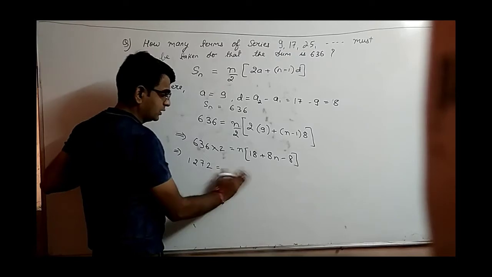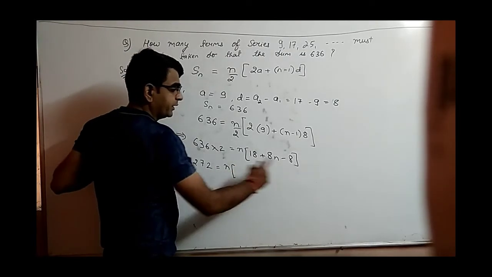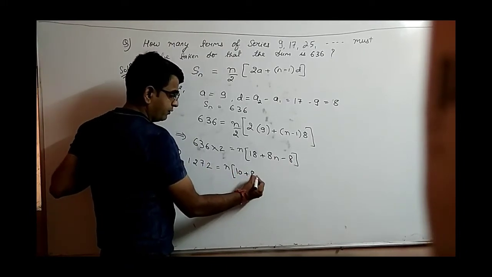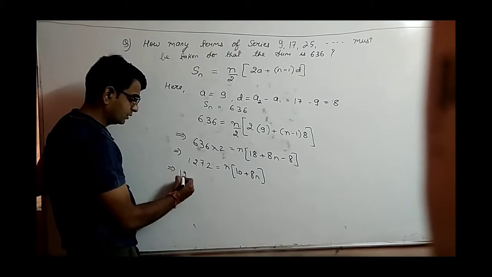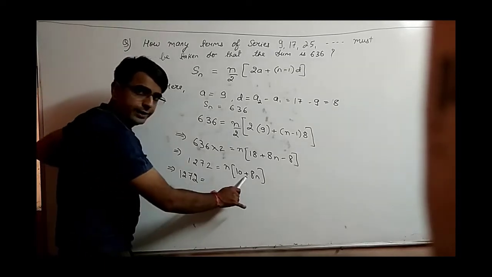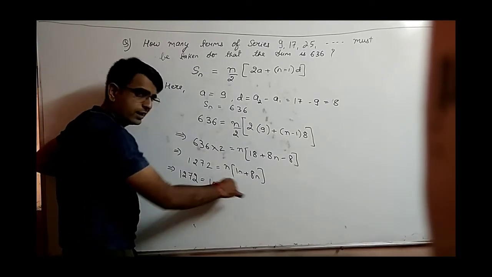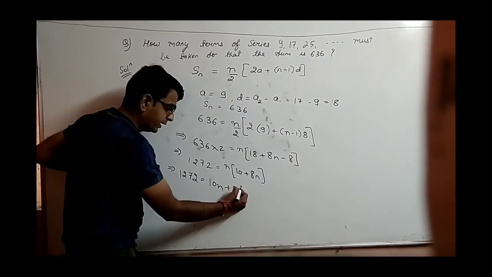Okay, do one thing, just simplify first. 18 minus 8 is 10, and we have 8n. What we will get: n into 10 will be 10n, and n into 8n is 8n square.